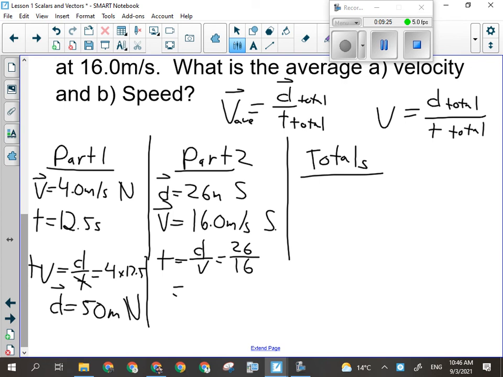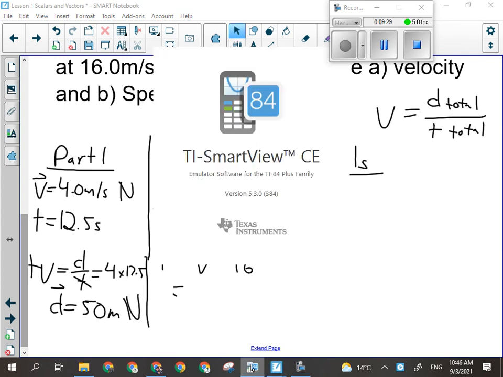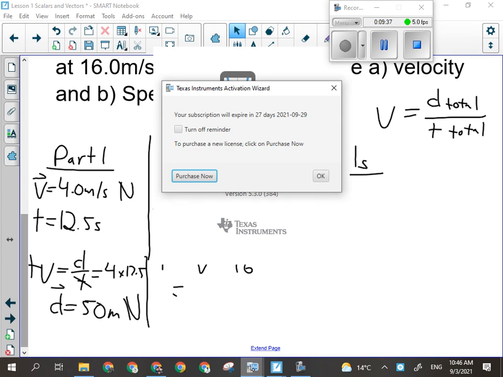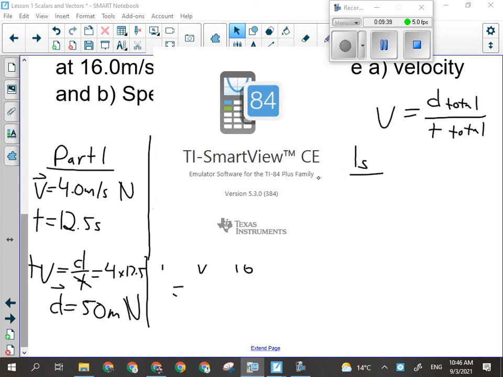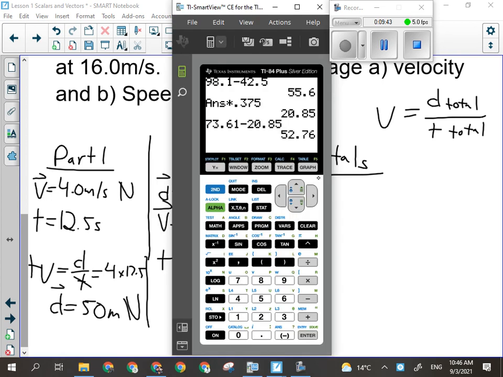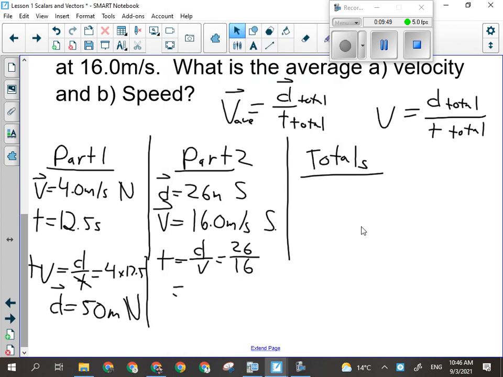I don't know what that is off the top of my head. All right, 26 divided by 16 gives me 1.625. So it's going to take 1.625 seconds.